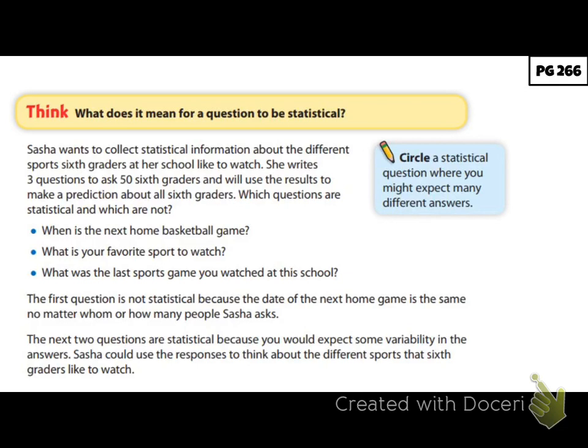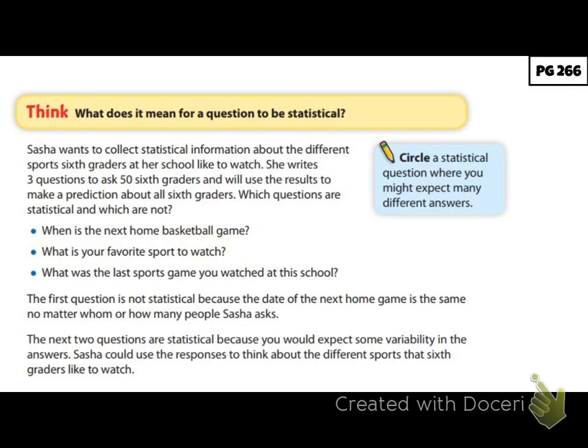So let's think. What does it mean for a question to be statistical? Sasha wants to collect statistical information about the different sports sixth graders at her school like to watch. She writes 3 questions to ask 50 sixth graders and will use the results to make a prediction about all sixth graders. Which questions are statistical and which are not? We're going to circle the ones that are statistical, that we would expect to get different answers from.